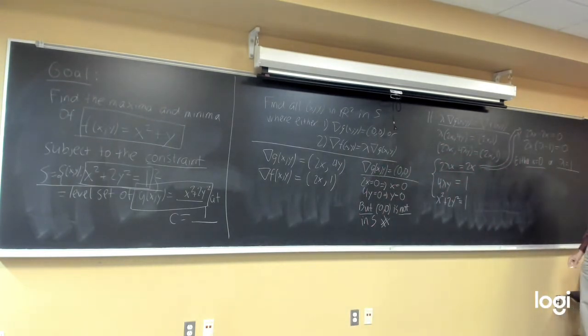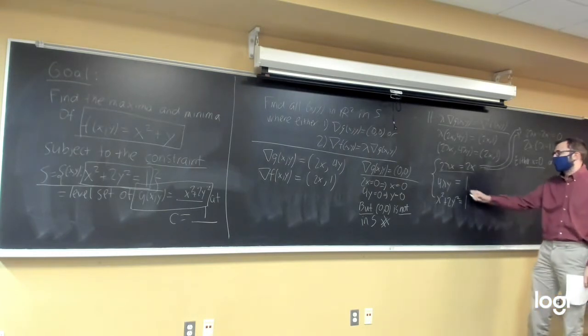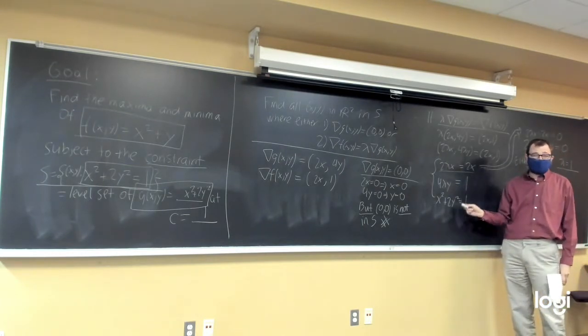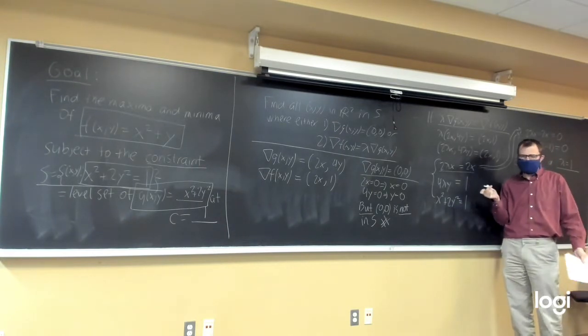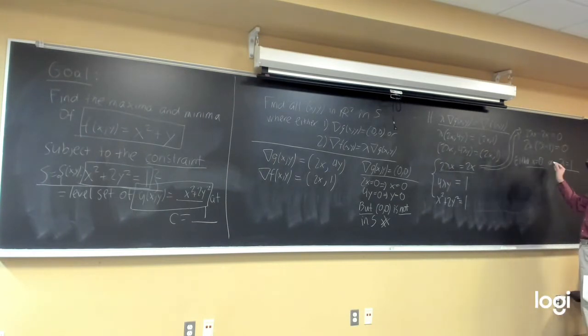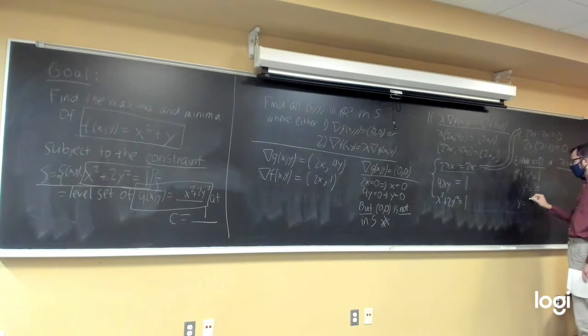So x, how can we solve one of these two equations for y if x is 0? Use the bottom equation? That's a good idea, x. I like it. If x equals 0, then 0 squared plus 2y squared will have to give us 1, which tells us y squared is a half, which means y is going to be plus or minus the square root of 1/2.